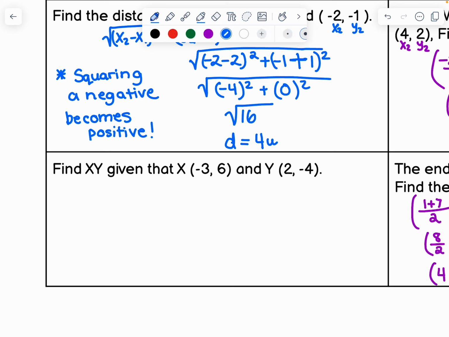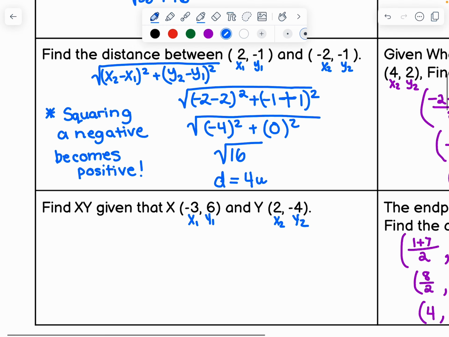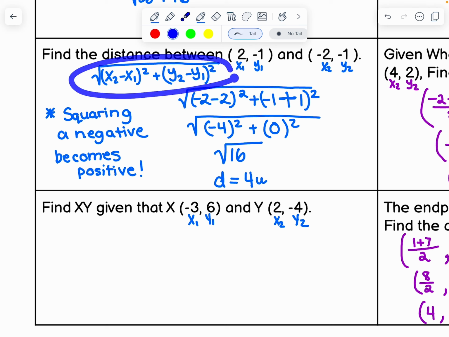And so we're going to use the distance formula. First, the first thing we need to do is label our points. So here we have x1, y1, and here we have x2, y2.